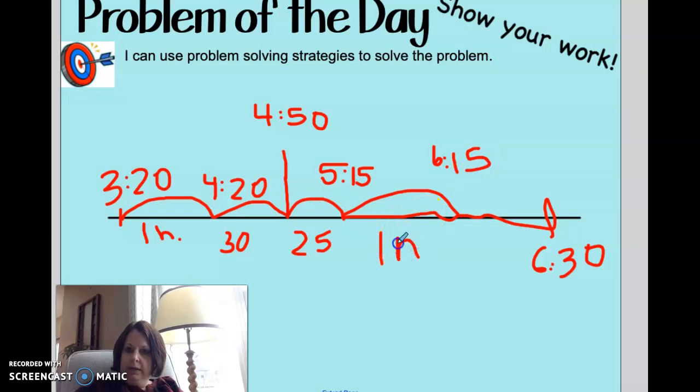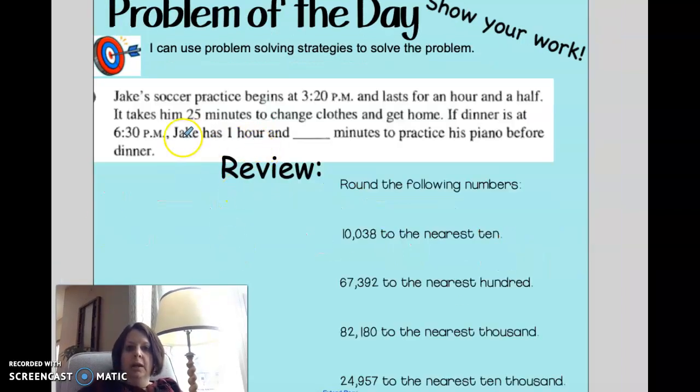Now, from 6:15 to 6:30, that is 15 minutes. So when I go back to my question, Jake has 1 hour and 15 minutes to practice his piano before dinner. All right? Okay, nice.